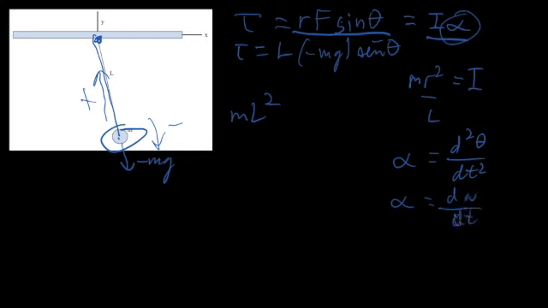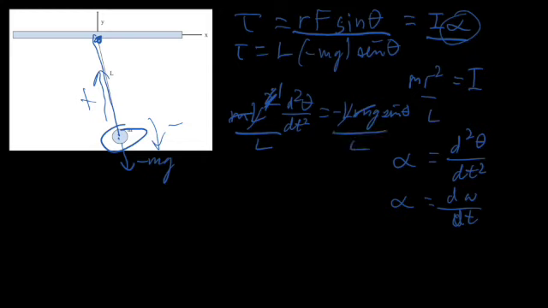So we have mL squared times the second derivative of theta with respect to time, and that's going to equal negative LmG sine theta. Immediately we can see that we can cancel the m's, and we can also cancel the L's, and then divide by L on both sides.